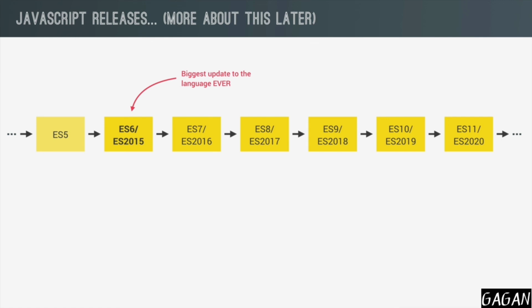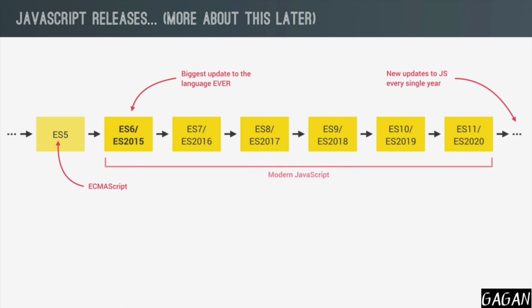But most people just call it ES 6, simply because it was the release after ES 5. And by the way, ES stands for ECMAScript. Now, after ES 2015, there is now a yearly new release with a couple new JavaScript features. All of these new releases, or versions, starting from ES 2015, is what we call modern JavaScript.